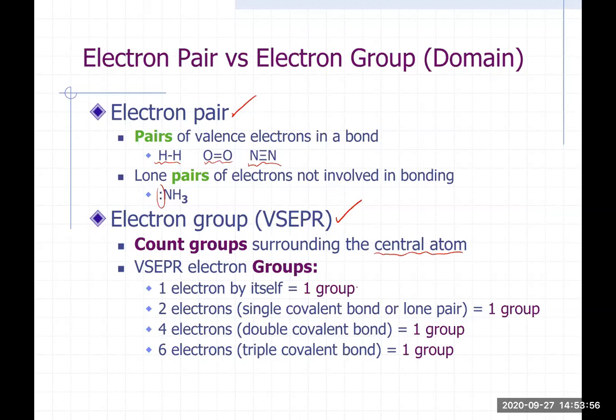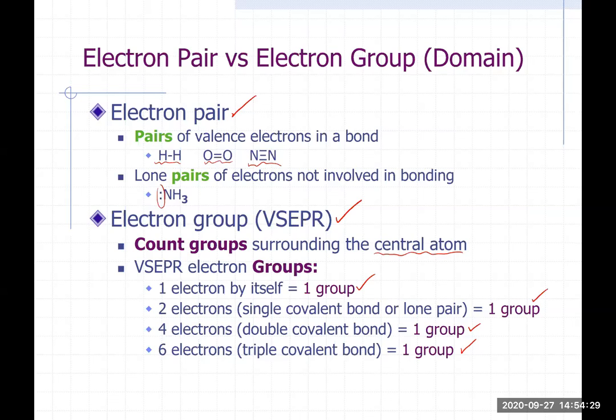You could see 2 electrons. That would include a single bond or a lone pair. The single bond is equal to 1 electron group. A lone pair is equal to 1 electron group. 4 electrons, a double covalent bond, for example, is also equal to 1 electron group, or 1 VSEPR group. 6 electrons, or a triple bond, is also equal to 1 electron group.